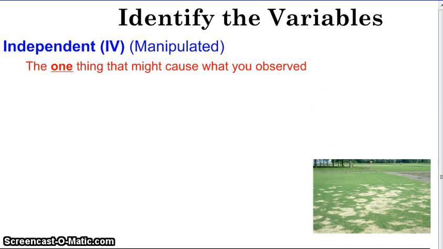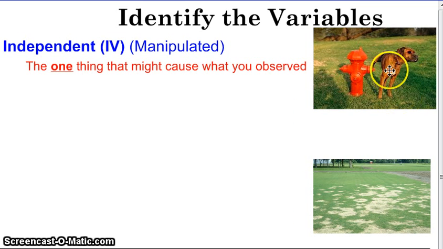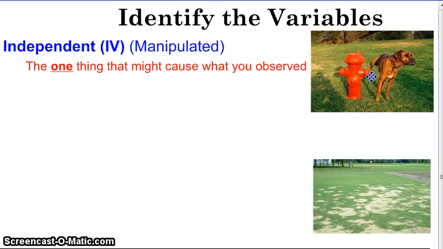In this case, based upon your question, what is the effect of dog peeing, you're wondering if it is the dog urination that causes these circles, and you want to find out whether it's that. So that's your independent variable.